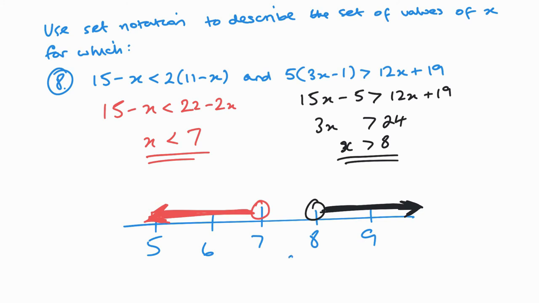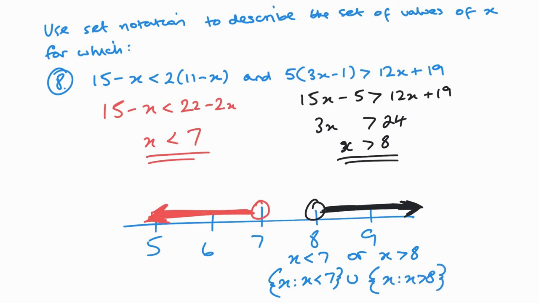So this means we've got x is less than 7 or x is greater than 8. So in set notation, that is x such that x is less than 7, or, which is our union, x such that x is greater than 8. And then in separate brackets, because they are separate sets, there's no overlap here, so they should be kept separate.